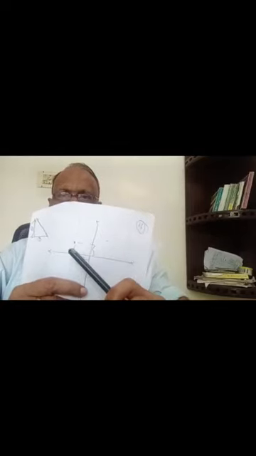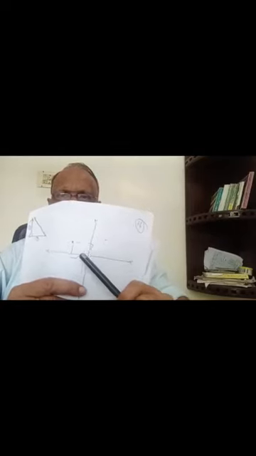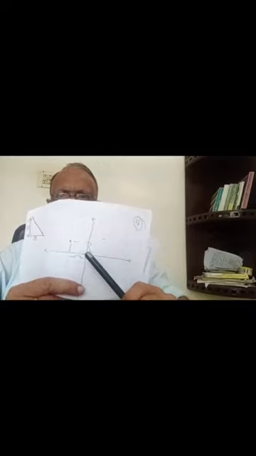It is one, horizontal, so much distance. In analytical geometry, we say that this point is so much distance in the horizontal direction and so much distance in the vertical direction.